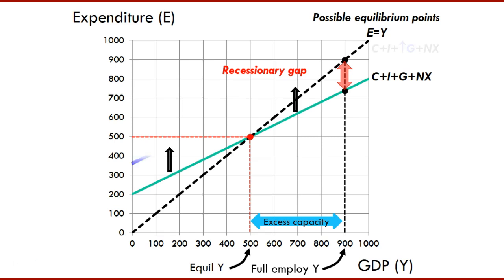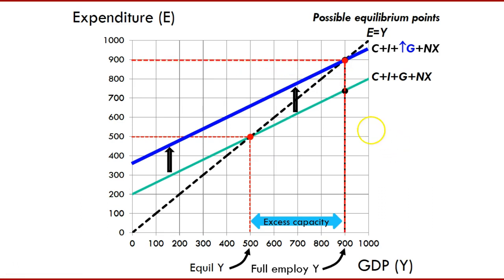The government has to act autonomously to increase government expenditure in order to shift the overall aggregate expenditure curve or line upwards until we have a new equilibrium here. Okay, but you can see there, and therefore we can close this recessionary gap and eliminate the excess capacity. The economy now would be at equilibrium at full employment.